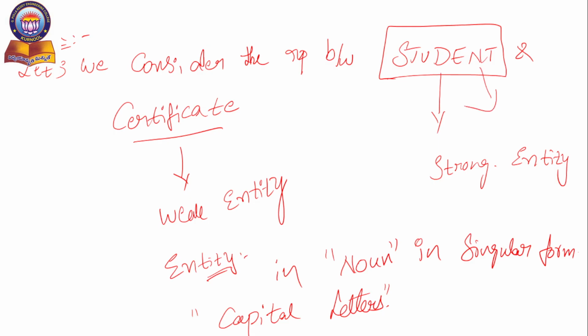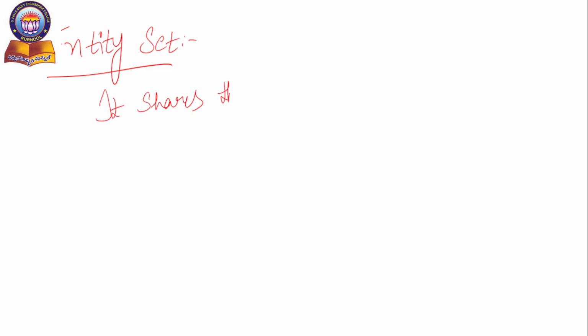Okay. Next, move to the entity set. What is meant by the entity set? Entity set is nothing but the group of related entities of an entity type which share all common properties or common attributes.